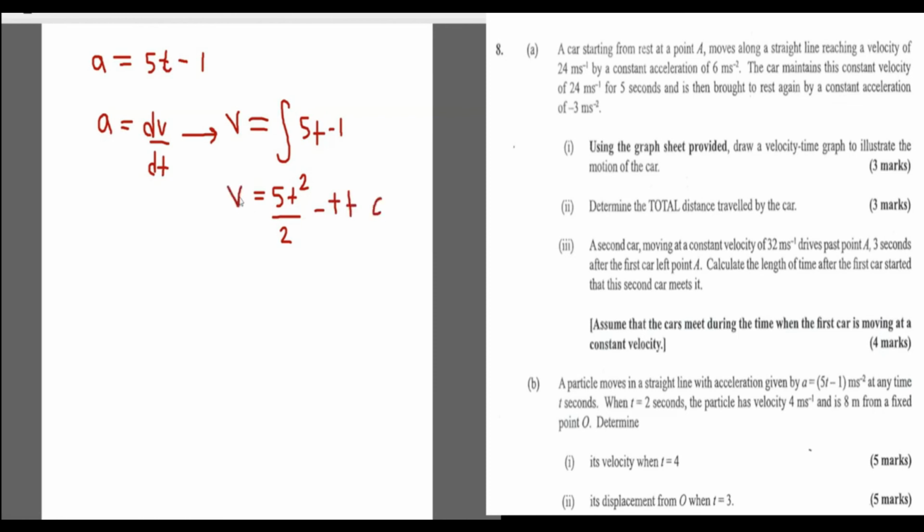All right, but here's what they said. When t is 2, the particle has a velocity of 4.